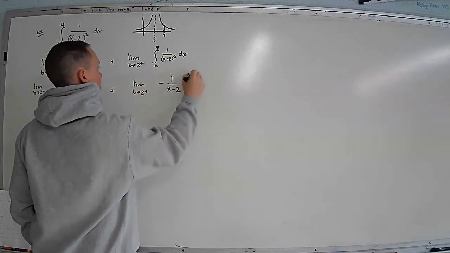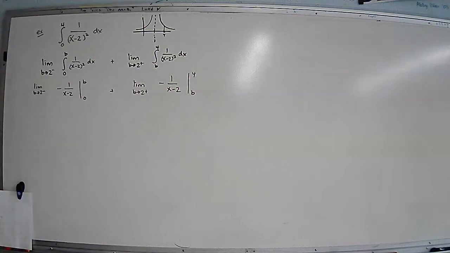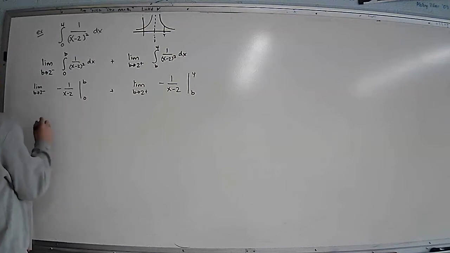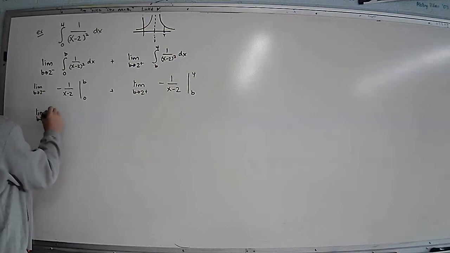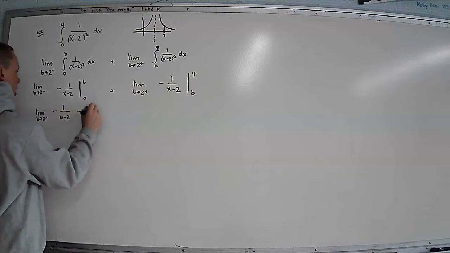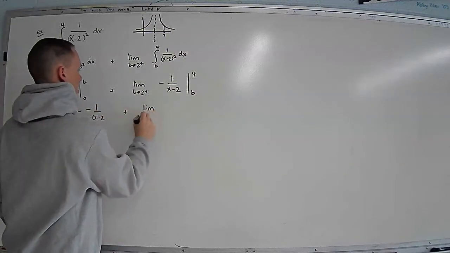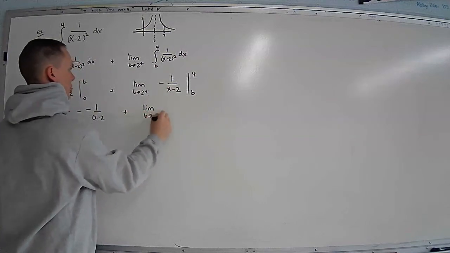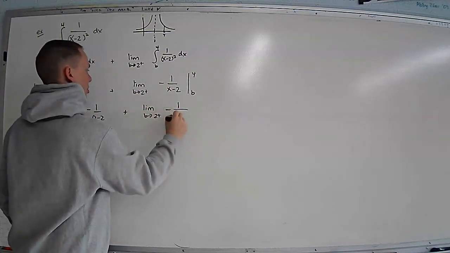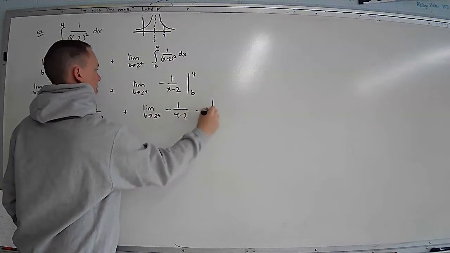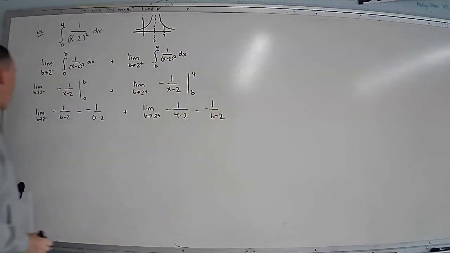Evaluate that from b to 4. And now we'll go ahead and evaluate it first, then calculate the limit. So that's going to be negative 1 over b minus 2 minus negative 1 over 0 minus 2 plus, and then we'll write limit as b goes to 2 from the right, negative 1 over 4 minus 2 minus negative 1 over b minus 2.